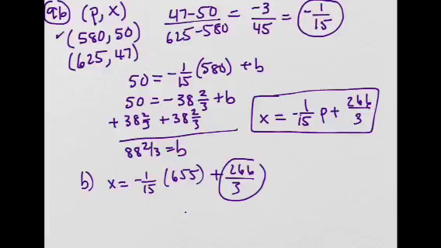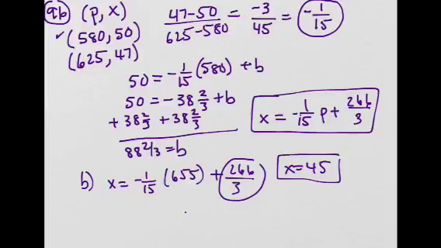You can add it as 88 and 2/3 or as 266 over 3. The calculator will take care of converting it to decimal. So you're going to end up with 45. So X equals 45. So 45 units will be occupied if the rent goes up to $655.